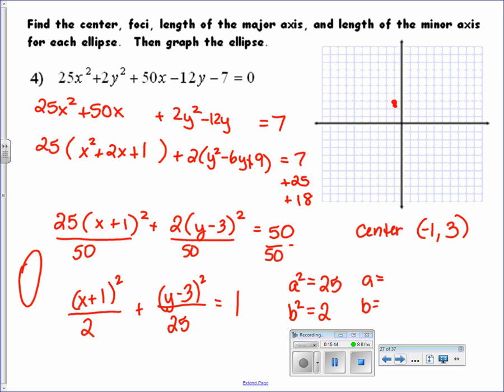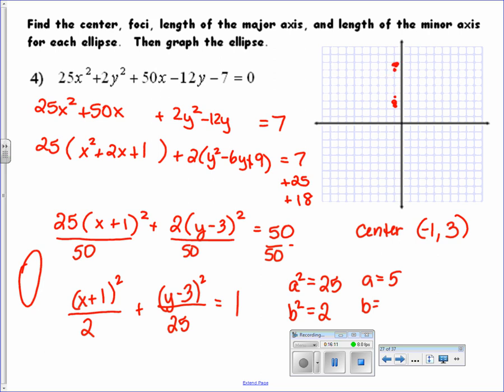So think about that. What number is in the a position if a squared is equal to 25? So a is 5. Are we okay with that? A being 5. Remember what we did with circles? So that means I'm going on the y-axis up 5 and down 5. From your center, go up 5: 1, 2, 3, 4, 5.